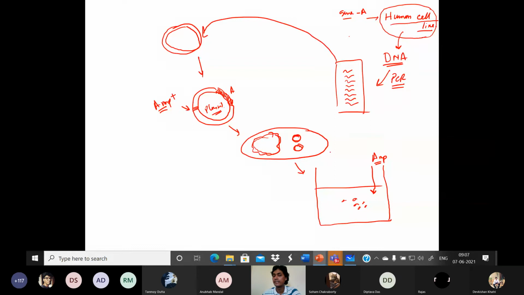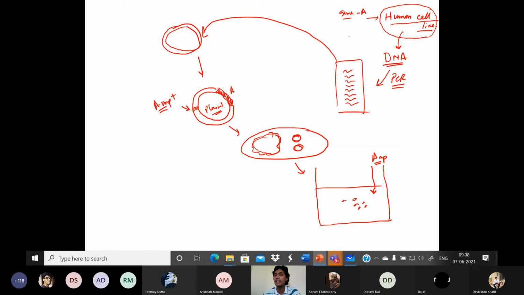Then bacteria want to survive in the presence of ampicillin. Normal bacteria, if they don't have plasmid, will not survive. Only those bacteria that have this plasmid will survive. Do you know why? Because this plasmid contains this antibiotic resistance gene.